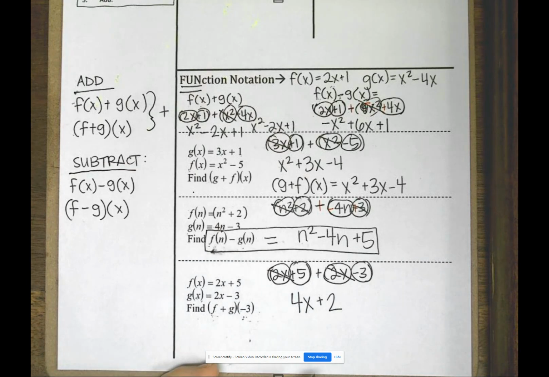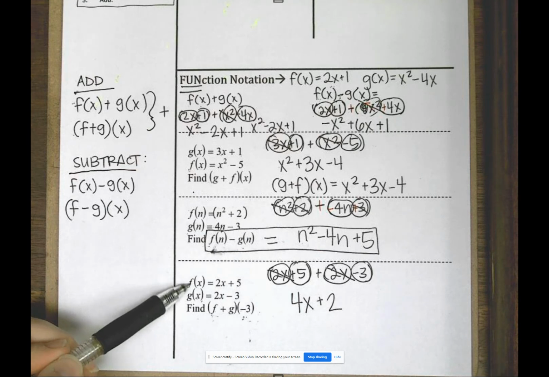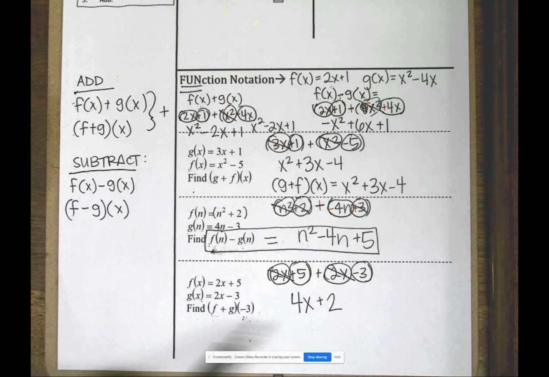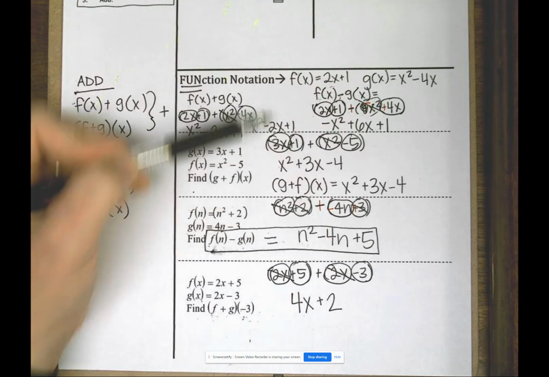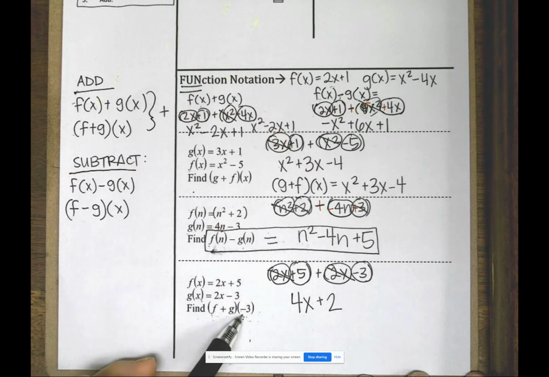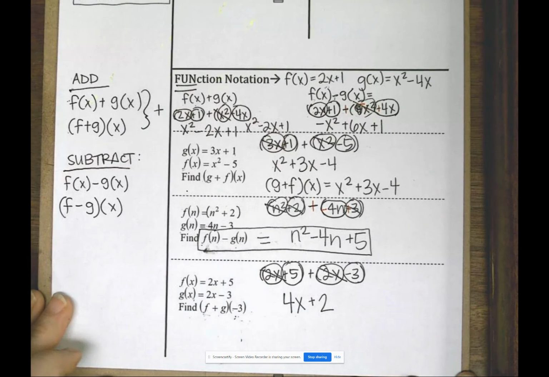So now that I have the most simplified binomial as a solution of me adding the function of x and g of x, now that I have this, I'm going to substitute -3 in for x, and it's going to give me the solution for this problem. So once you get to this last step, the same way we've done all the way through here, you're simply going to actually solve by plugging in -3 as our input.